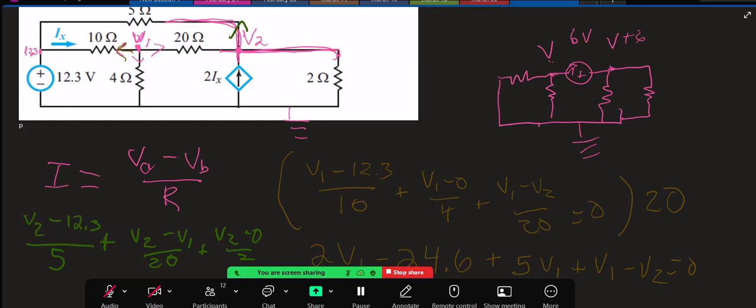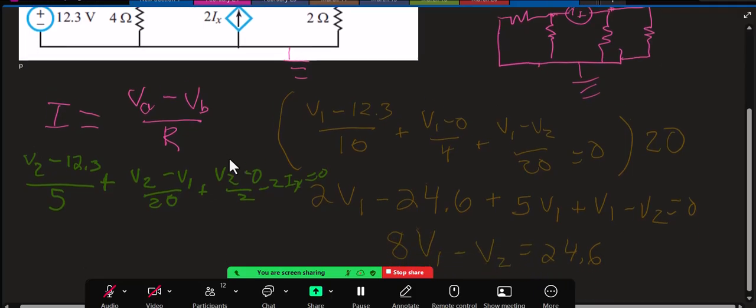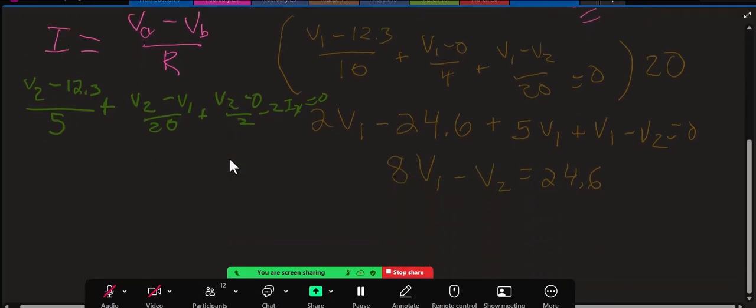And then going down, because remember I'm getting all of my current coming out of the node, going down I have minus 2ix. And that all equals 0. So then I will multiply this equation also through by 20.